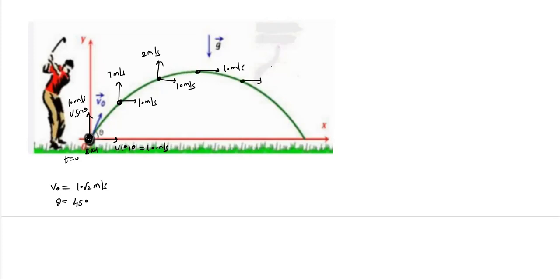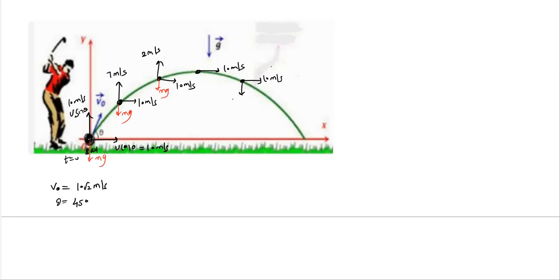Then, from here the weight will act. Why, sir? Because of the weight mg, the vertical component will keep on decreasing. The horizontal component remains the same.